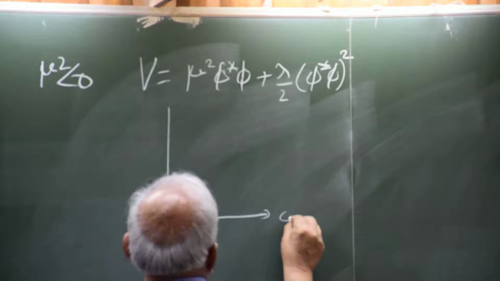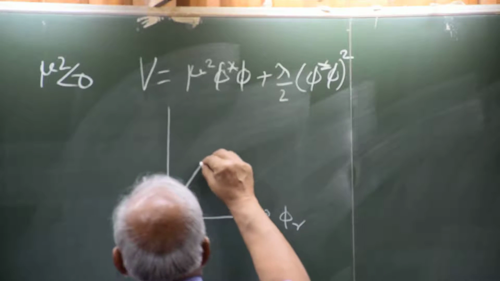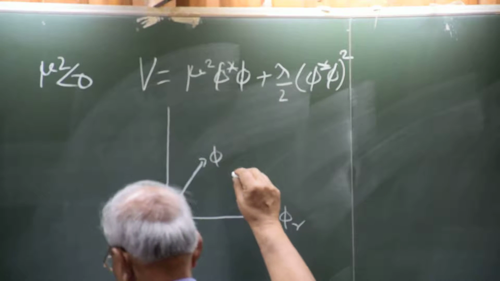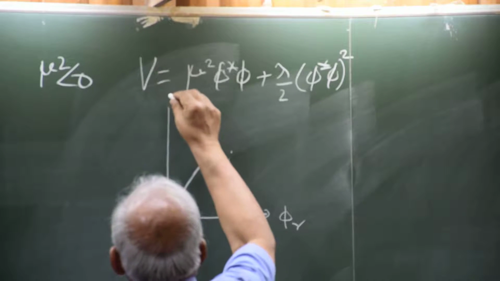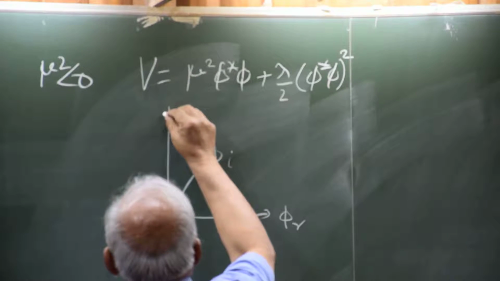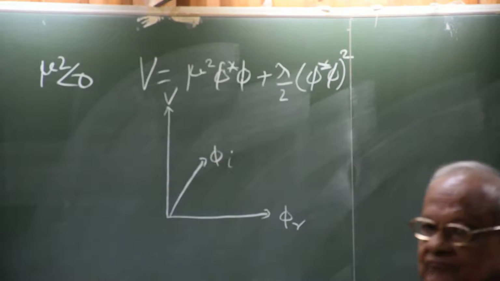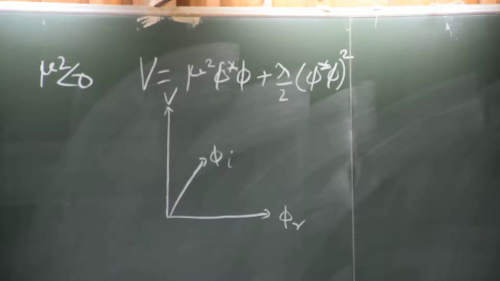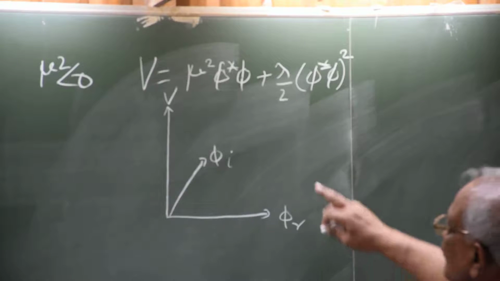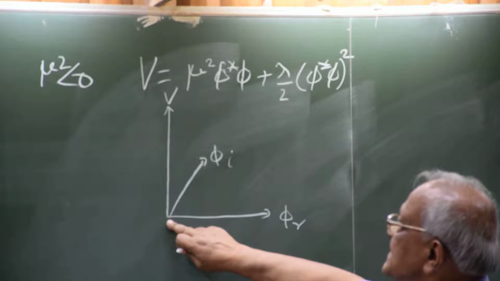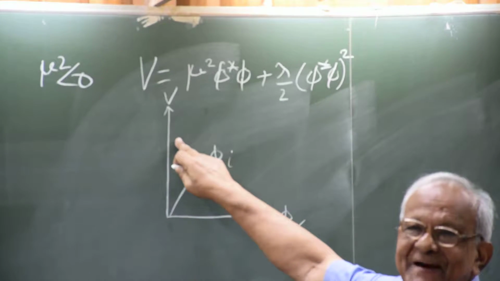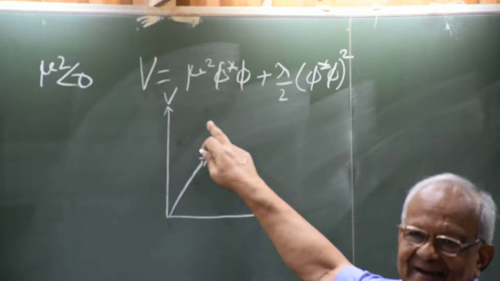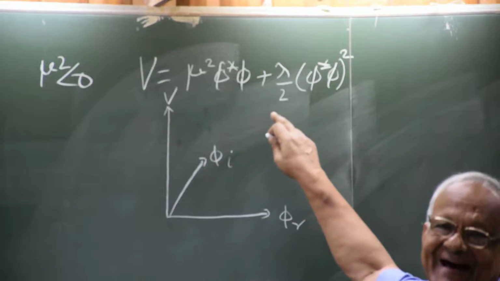Suppose this is the real axis and this is the imaginary axis, and the z direction is V. So you see that at the origin V has to be 0, but at very tiny non-zero phi, the quadratic term will be larger than the quartic term.